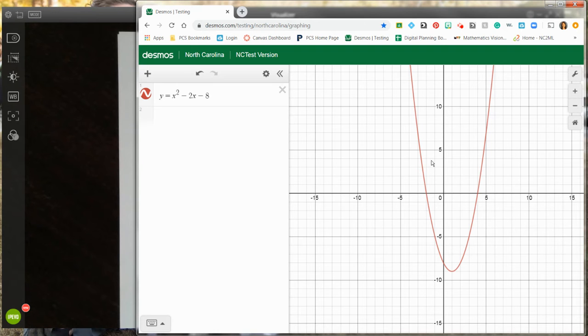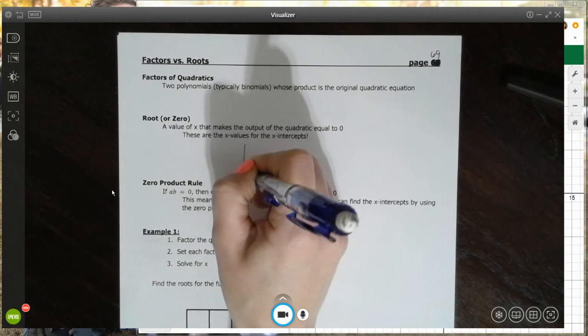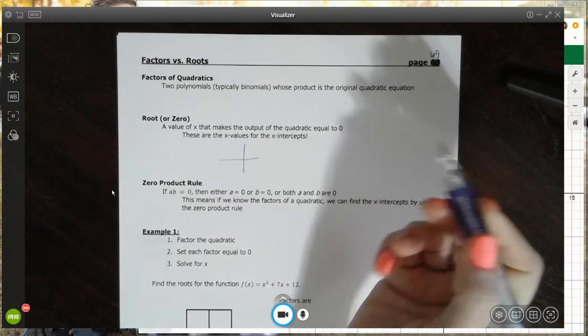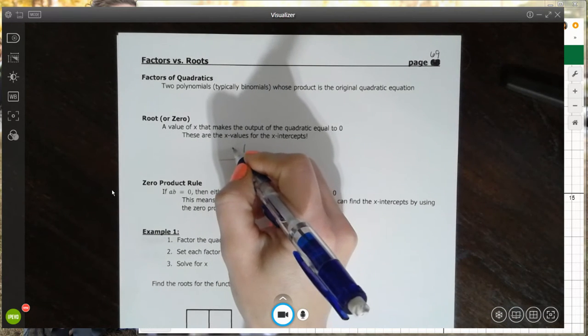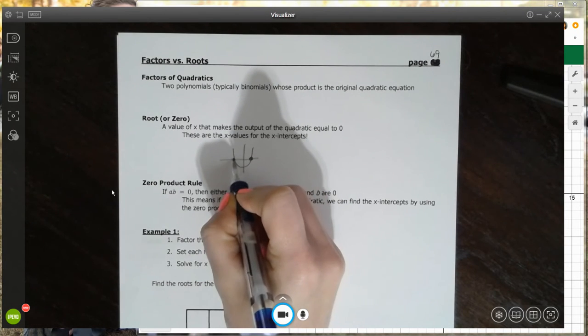What we're looking for when we factor a quadratic is this point and this point. For example, this quadratic equation has roots at -2 and +4 because those are our x-intercepts. So just to document this on your notes, we're finding these x values here.